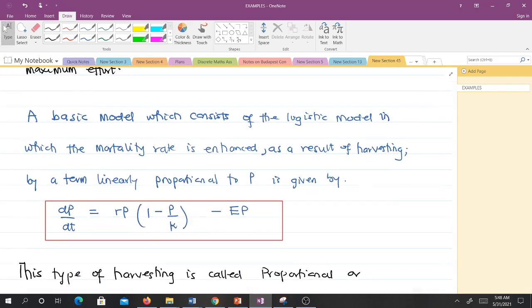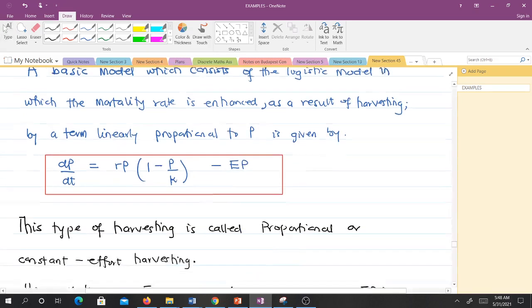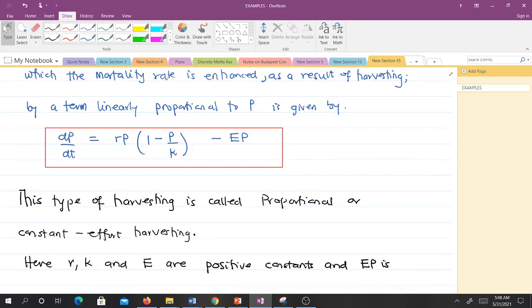So a basic model which consists of the logistic model in which the mortality rate is enhanced as a result of harvesting by a term linearly proportional to P is given by what we can have here. You could see that in the case of the constant yield harvesting, we have just H here, right? And that H was a constant. But with the constant effort harvesting, our effort is proportional to the population that we are going to harvest.